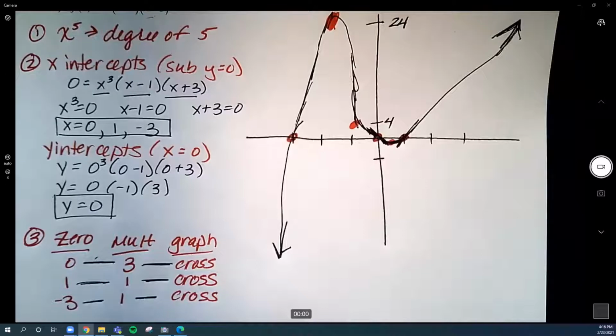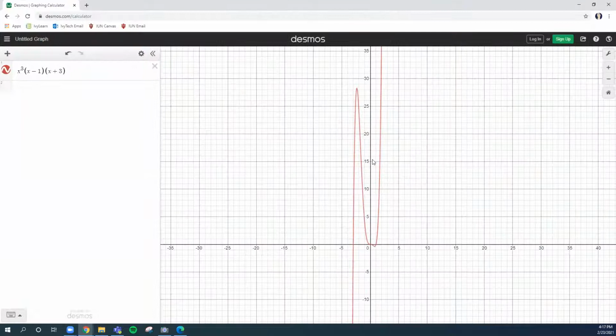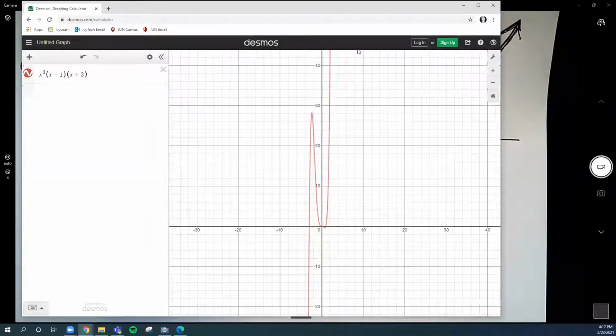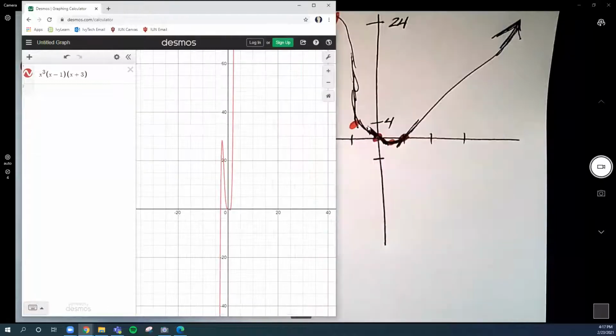Just to prove that we got the graph correct, I also ran this graph through a graphing technology, either on a graphing calculator, or you can use desmos.com. They also have a nice graphing calculator as well. And you can see that this graph does indeed look a lot like the graph that we created here on my sheet.